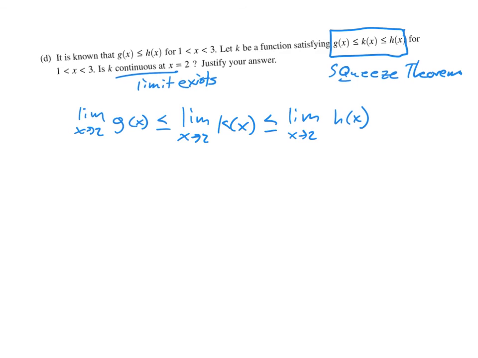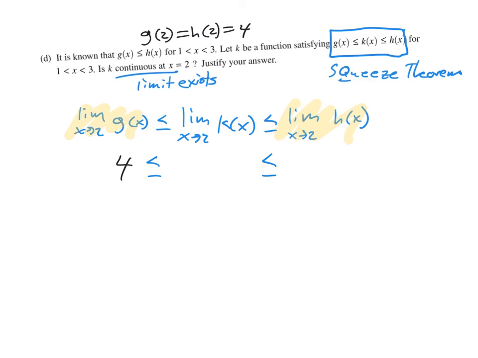And we already know both of these. Remember the same idea. They told us at the very beginning of this problem that g of 2 is the same thing as h of 2 and that they both equal 4. So that means the limit as x approaches 2 of g of x is 4.